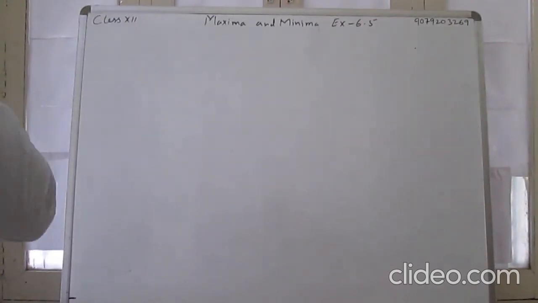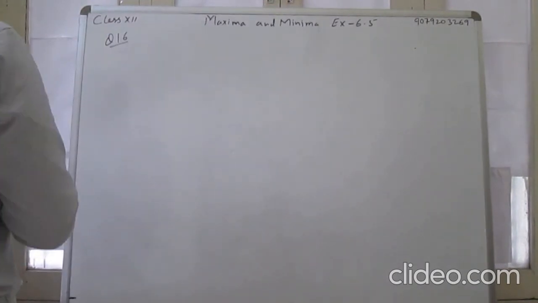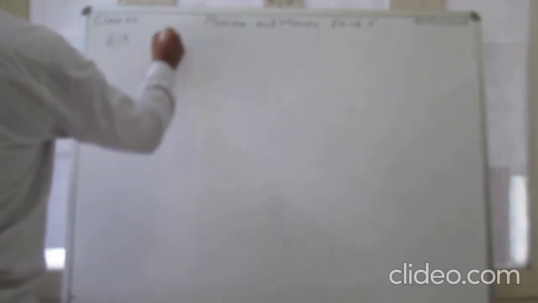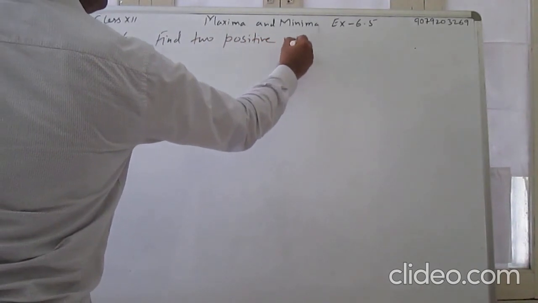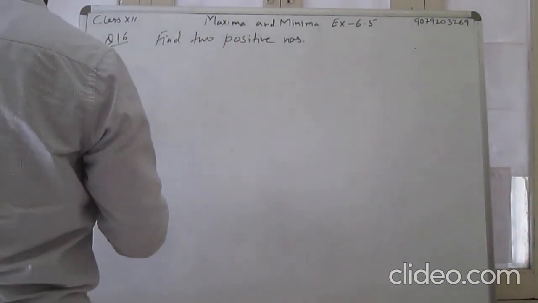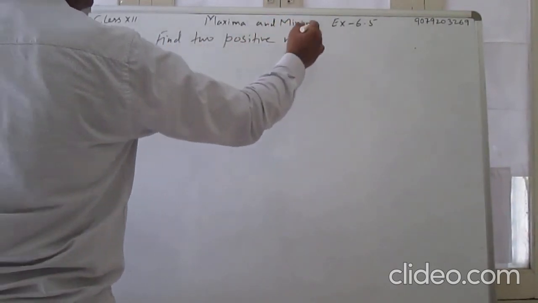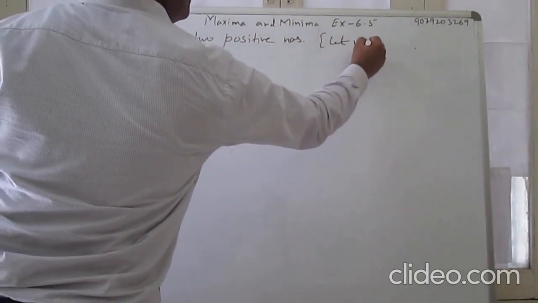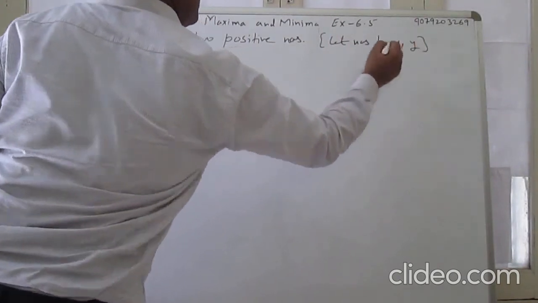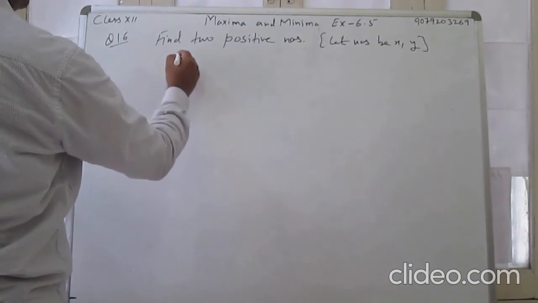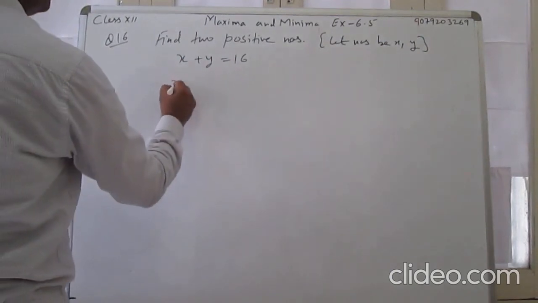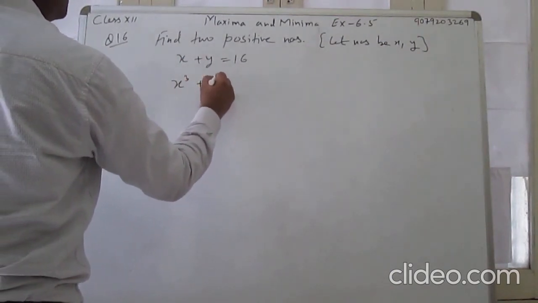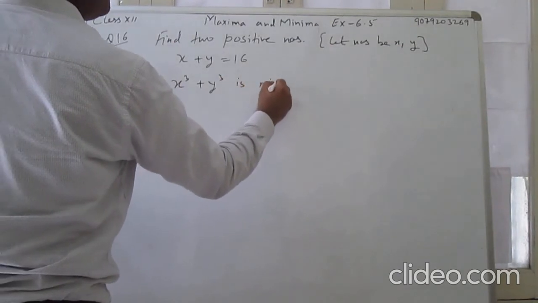Question 16. Find two positive numbers. Let the numbers be x and y, whose sum is given to you: x plus y is 16, and the sum of the cubes is minimum.